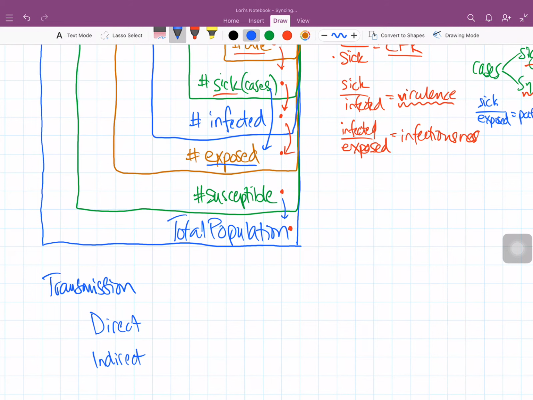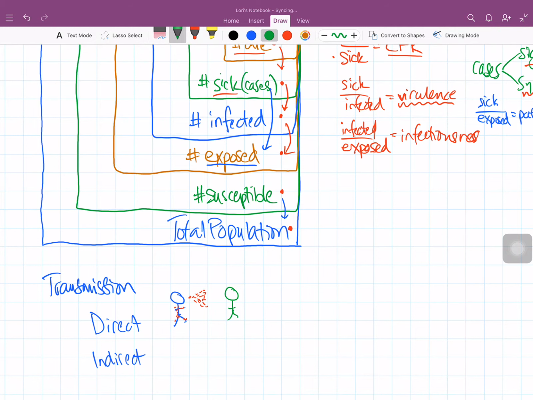Direct transmission means that the person who was sick, here's the person, they have a rash, directly, either by direct contact or by coughing, droplets, or it's so small that it's just plain old airborne, can give that illness to another person. There's not really something in between.